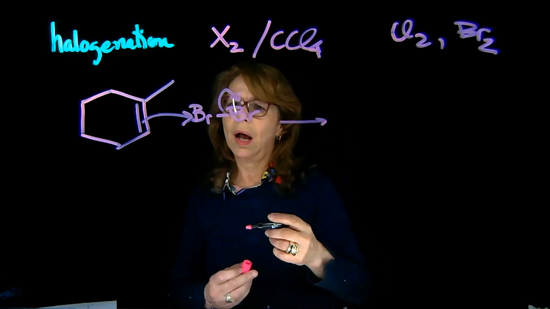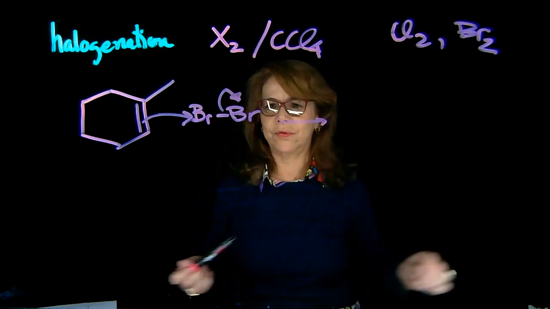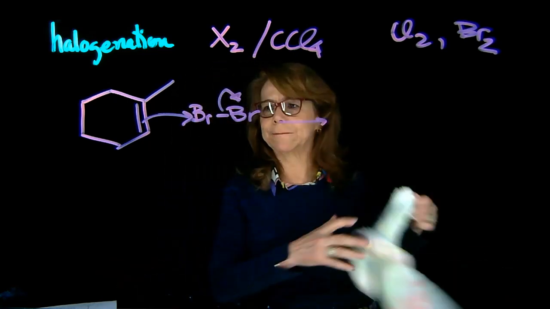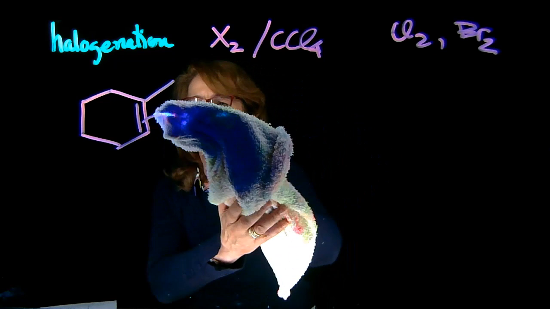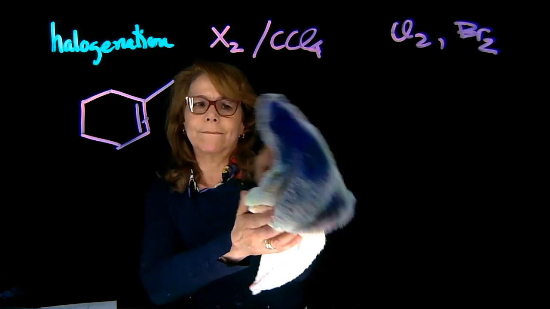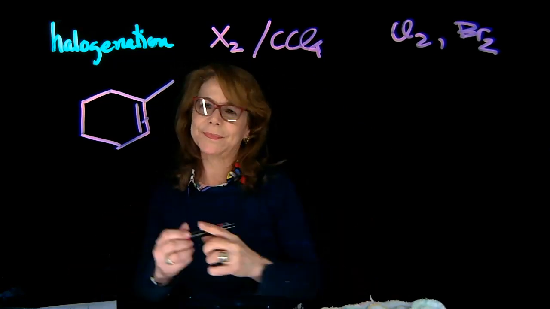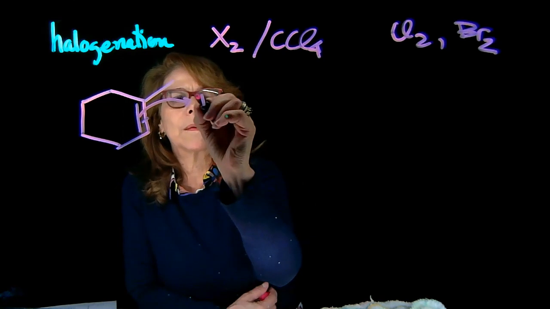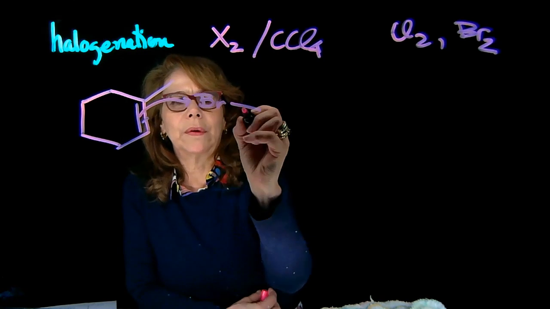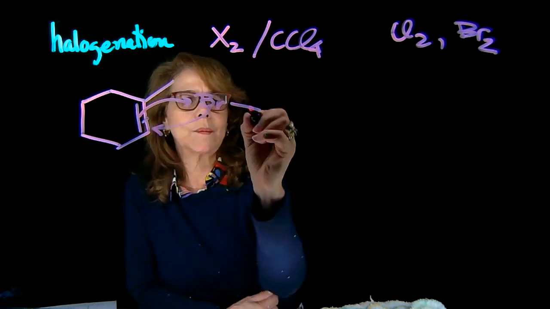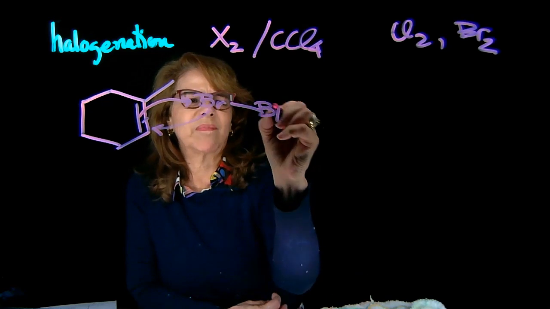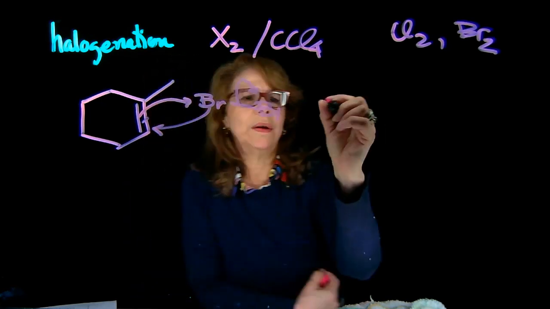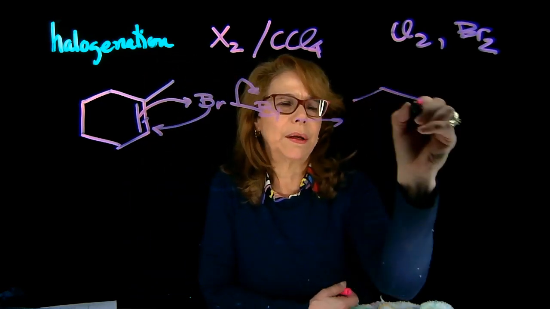Let me draw this better. Let's have more room. Well, when we do this, bromonium in this departing, we're going to make the following intermediate.